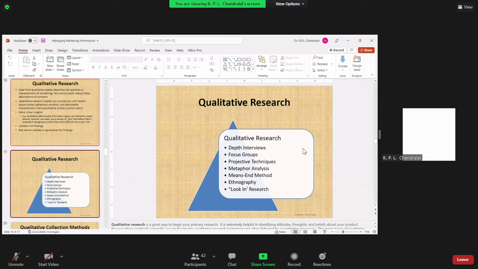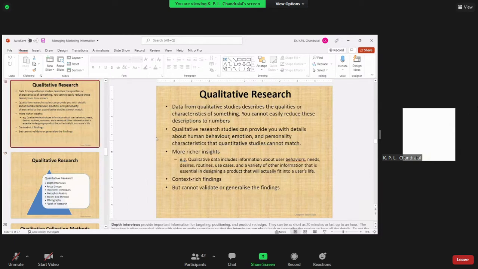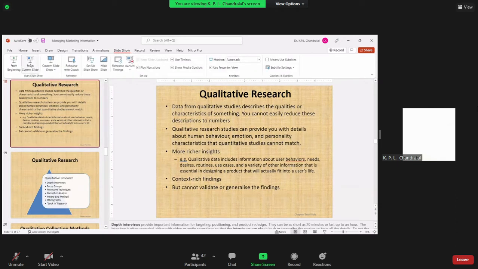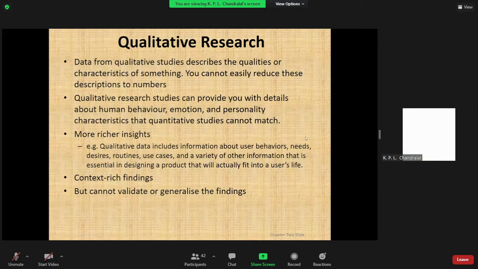This is what we discussed as the last slide of the lecture. So today we can move on to identify and look into different options coming under qualitative research.